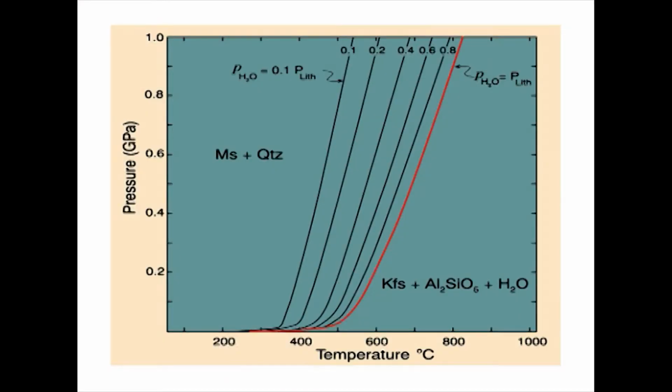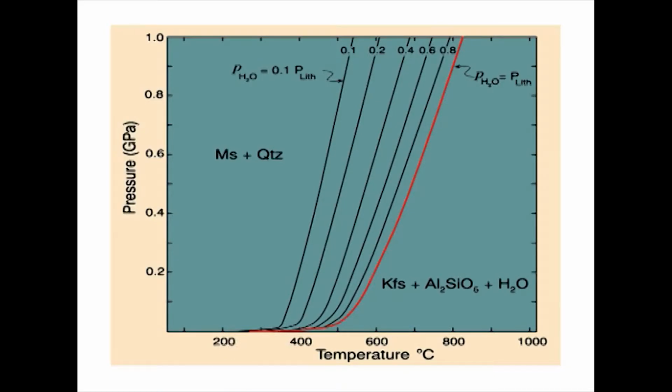Suppose H2O is withdrawn from the system at some point on the water saturated equilibrium curve. Therefore, P water equals P lithostatic pressure. According to Le Chatelier's principle, removing water at equilibrium will be compensated by the reaction running to the right, therefore producing more water.